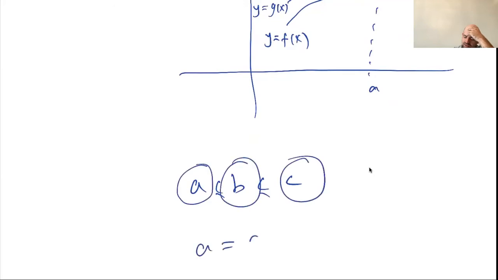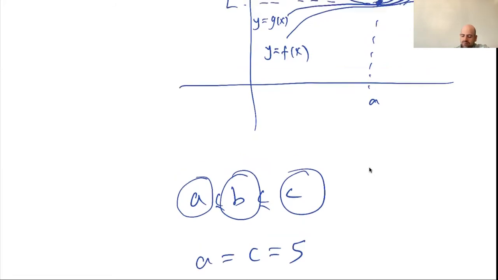If I tell you that A and C are both 5, the smallest and the biggest number, then the middle number, which is squeezed between them, must also be 5.